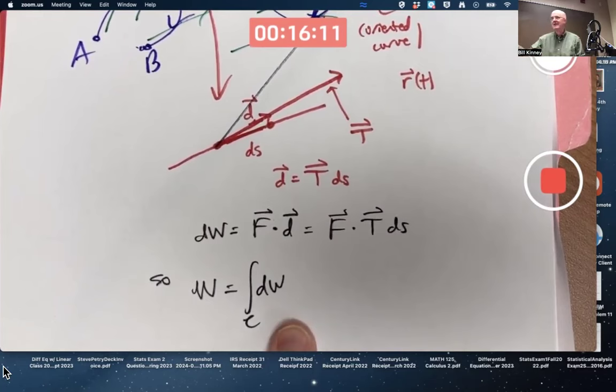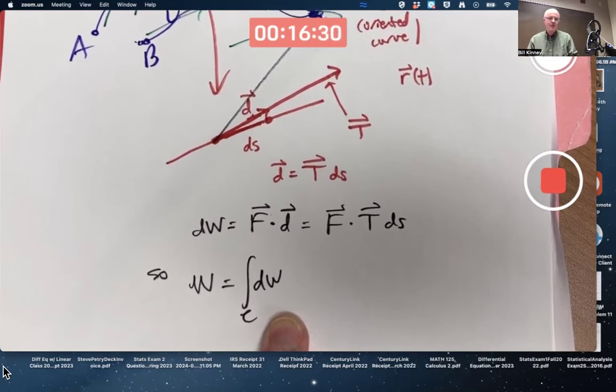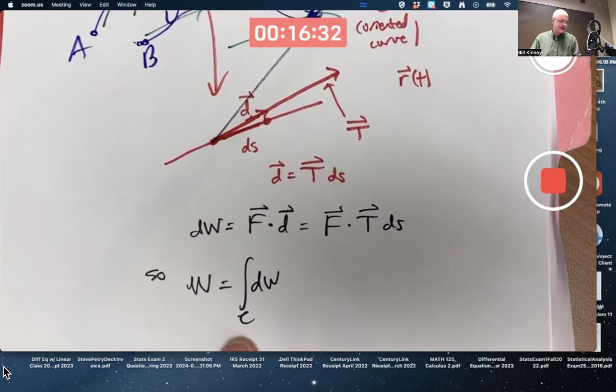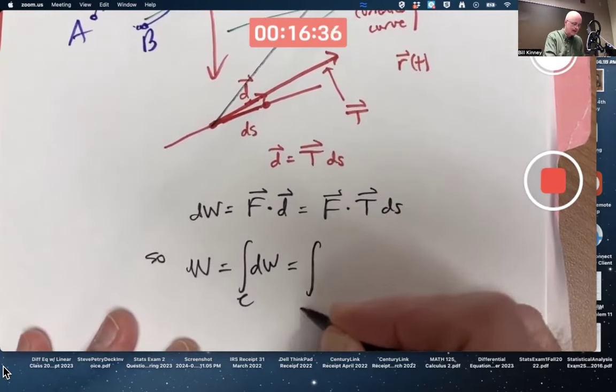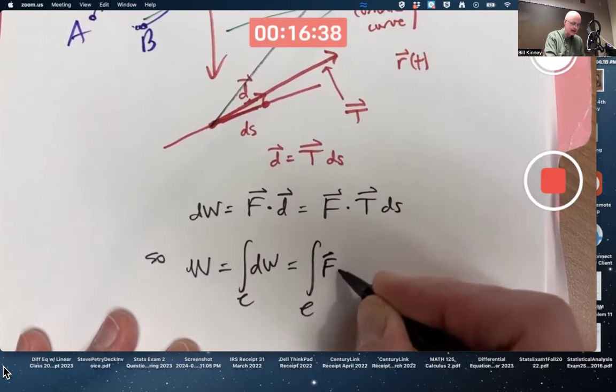And if you haven't done the reading all semester, say, that's how the author describes it. I would recommend, even if you haven't done the reading all semester, starting to read now, because the author does try to give you some insight into how to think about these things. The total work is the sum of the little works, which is this kind of sum.